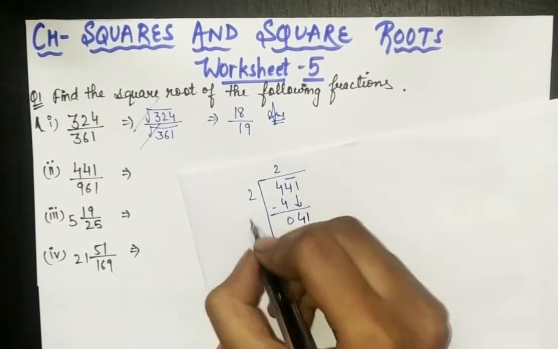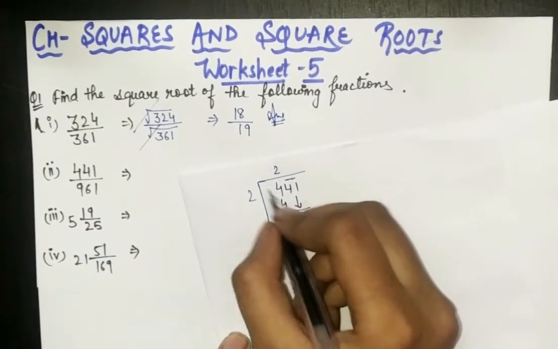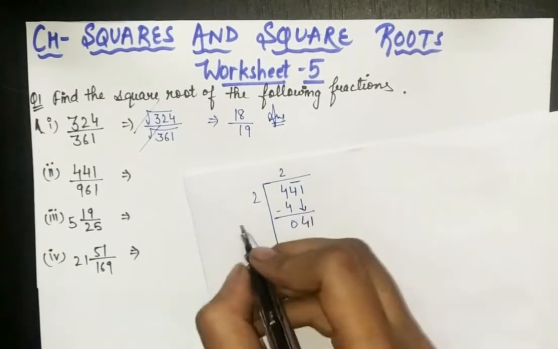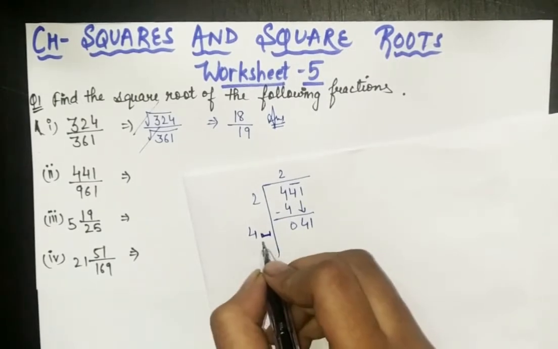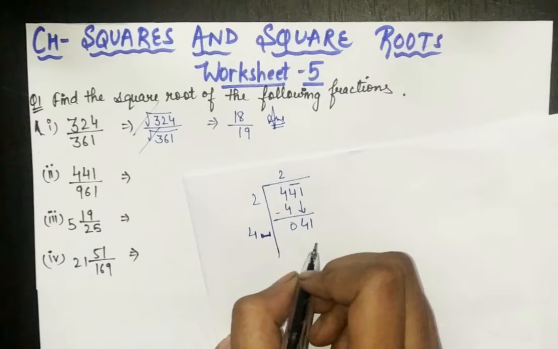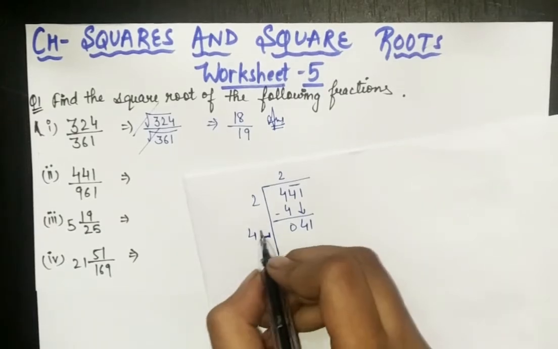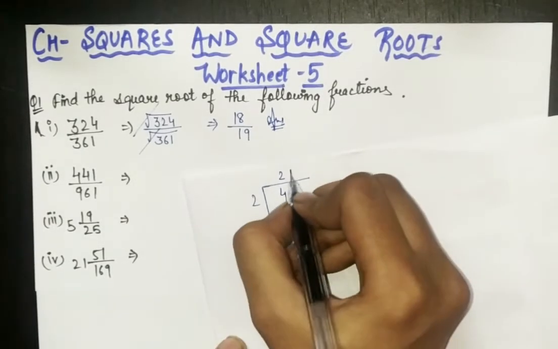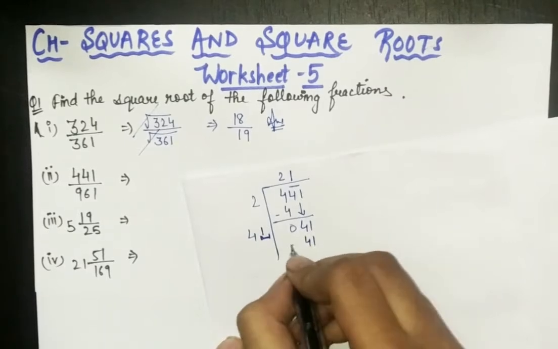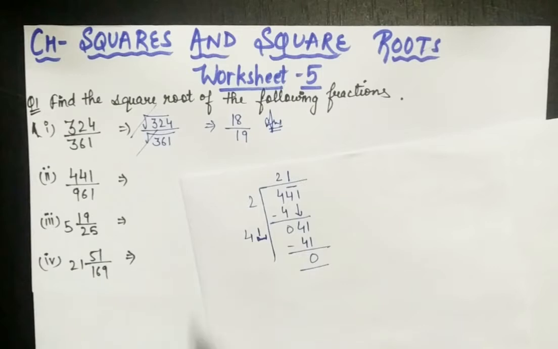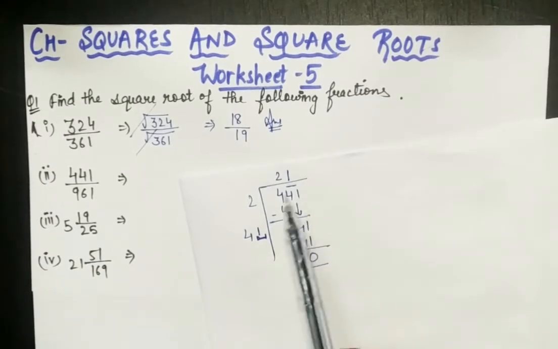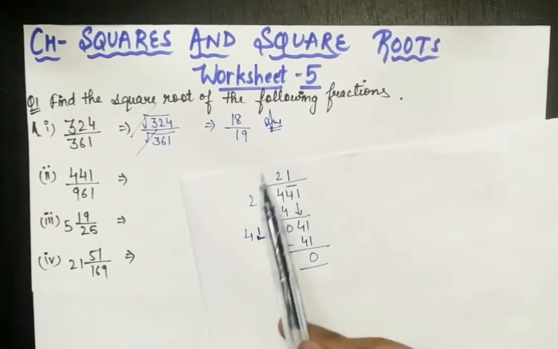Now here we have to find the double of this, means 2 into 2, that is 4. So now we want one number that will be completely divisible by this or smaller than this, so that will be 1. So you will write 1 here also. So 41 and then 0. By this you have found the square root of 441, that is 21.